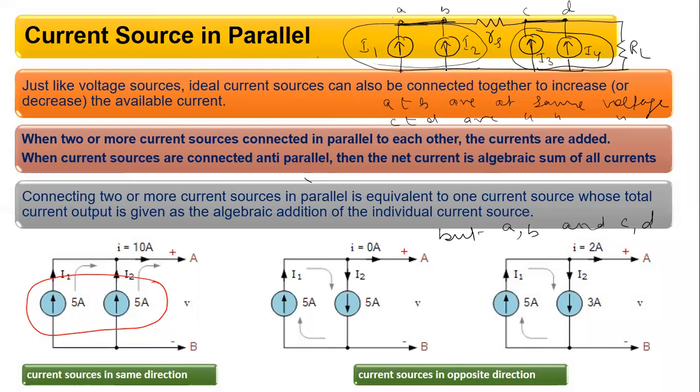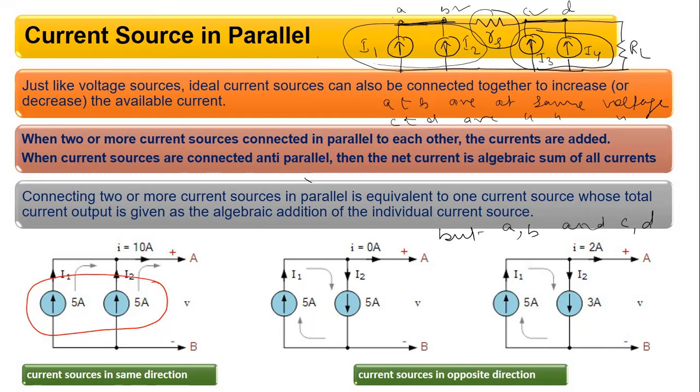They are separate because they have a resistance falling in between, and this resistance is causing a voltage drop between B and C. That is why you cannot add I1, I2, I3, and I4 all together. You cannot add.